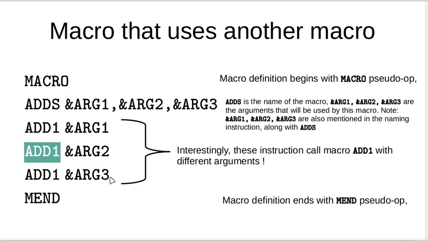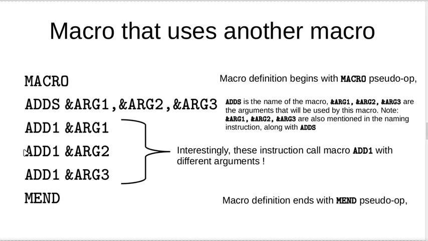So to summarize the whole thing, what we have new here is a macro definition where the same syntax and everything is followed, but what is new is that the instructions in the macro body are calling another macro.